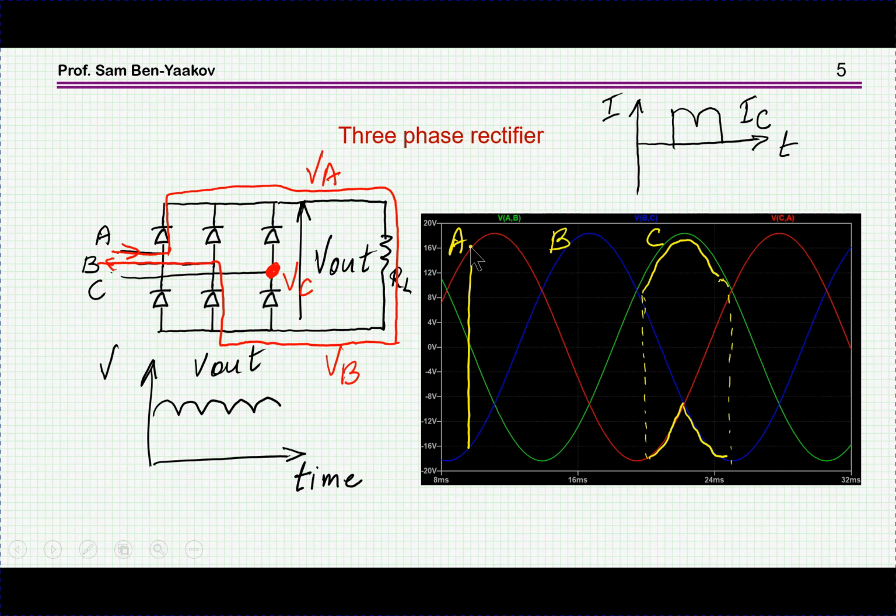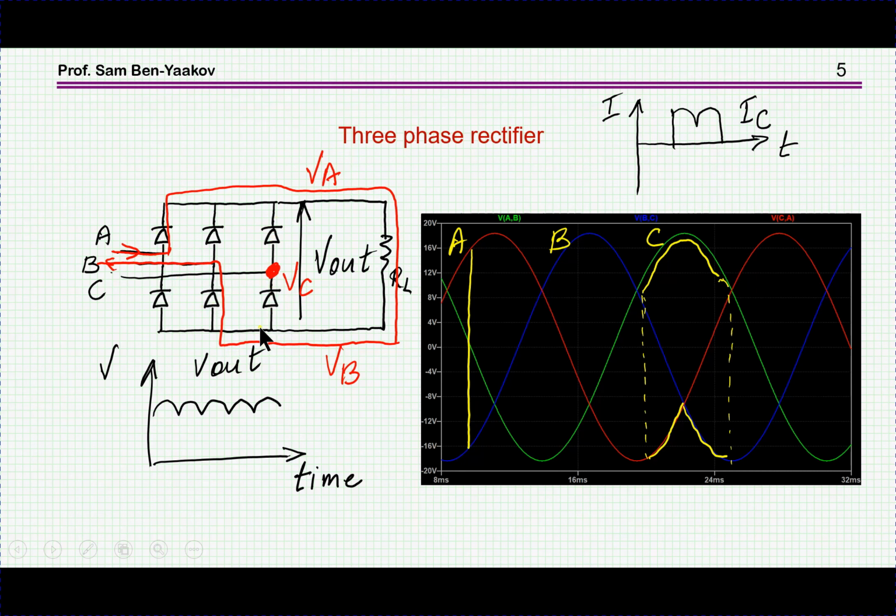So if I look at this situation here, for example, I have A which is high, I have B which is the lowest one, and C is sort of in between. So therefore this phase A diode will conduct, and then come back with the lowest one, which is B, while the voltage of C is in between these two, and these diodes are not conducting. So in this case, this and this diode are conducting.